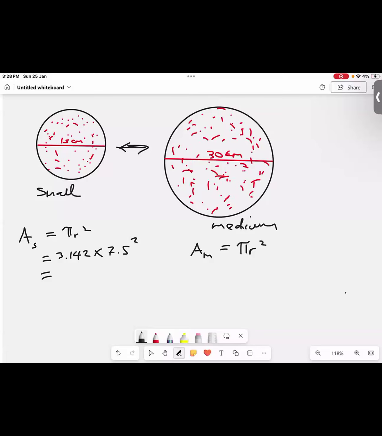Go ahead and calculate that for me, please. 176.74 centimeters squared. Now go ahead and consult the area for the medium pizza. Let us see what happens. So that's going to be 3.142 times the radius, which is 15 now, squared.